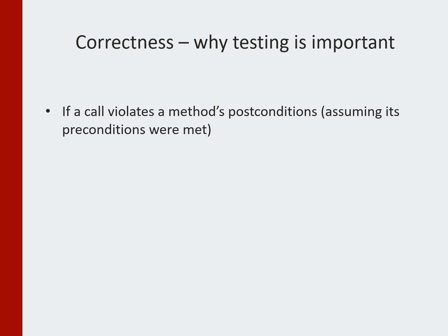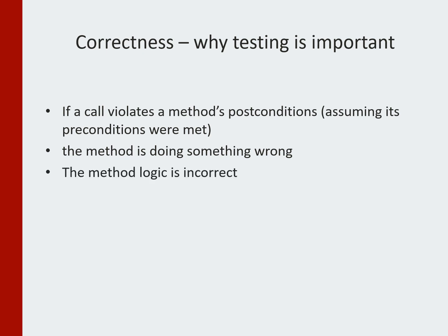Basically, if you run your program and you see that the call to that method violates the method's postconditions and the preconditions were met, you know that that was true, then that indicates to you that that method is doing something wrong. Maybe your method logic is incorrect. Basically, you have some sort of bug in your code, either in your logic or in the way you've implemented it.